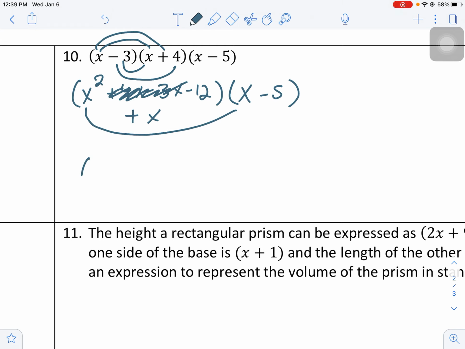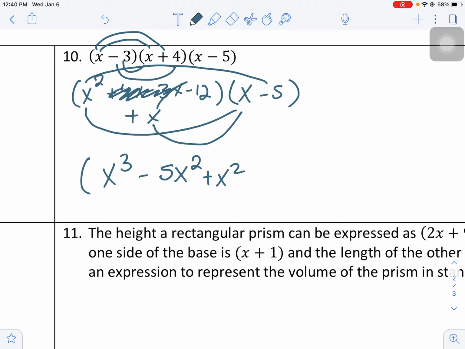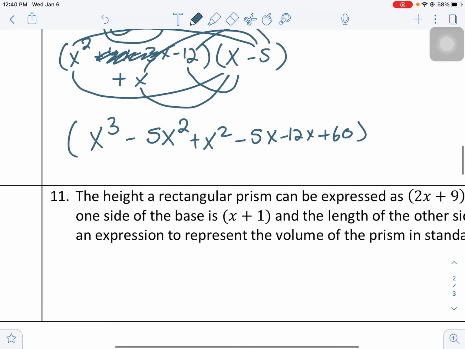So then we're going to go x squared times x, which gives us x cubed, x squared times negative 5, which gives us negative 5x squared, x times x is positive x squared, x times negative 5 is negative 5x, negative 12 times x is negative 12x, and negative 12 times negative 5 is positive 60.